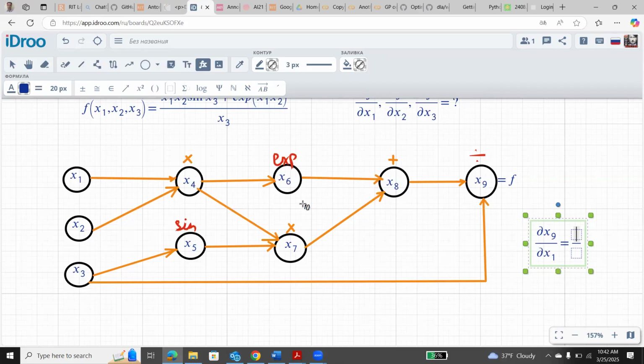It should be the derivative of x9 with respect to x3 times the derivative of x3 with respect to x1, plus the derivative of x9 with respect to x8 times the derivative of x8 with respect to x1.